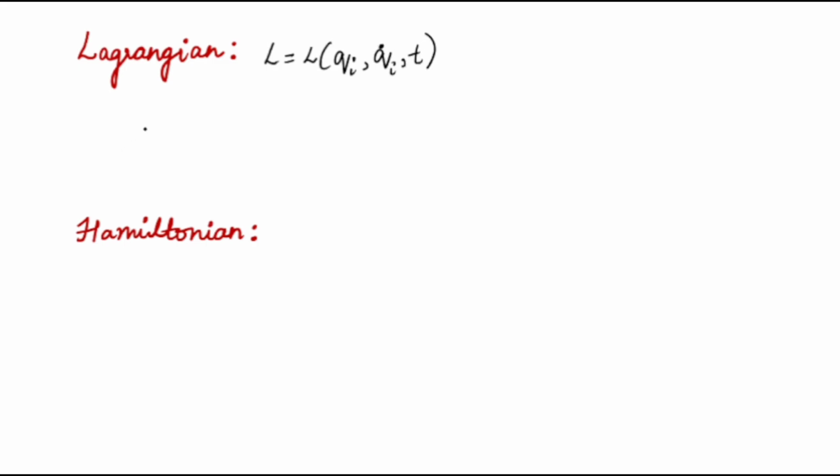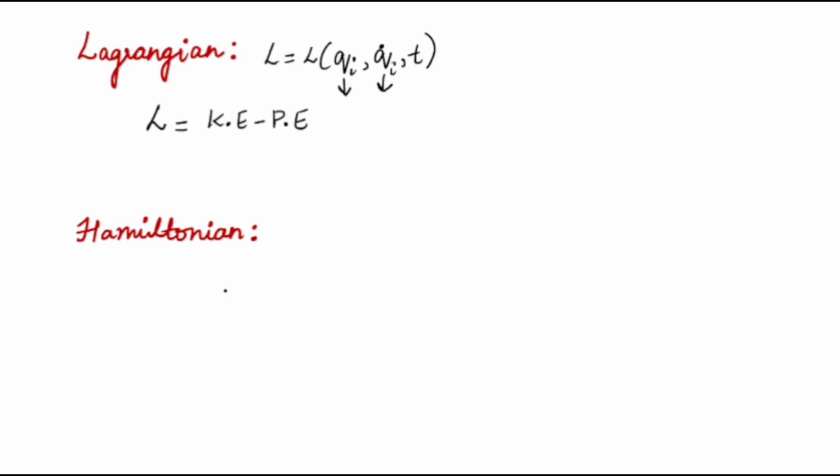In a simple definition, Lagrangian is the difference of kinetic energy minus potential energy. One more thing we need to remember carefully: Lagrangian is a function of generalized coordinate and generalized velocity, and it is also a function of time.